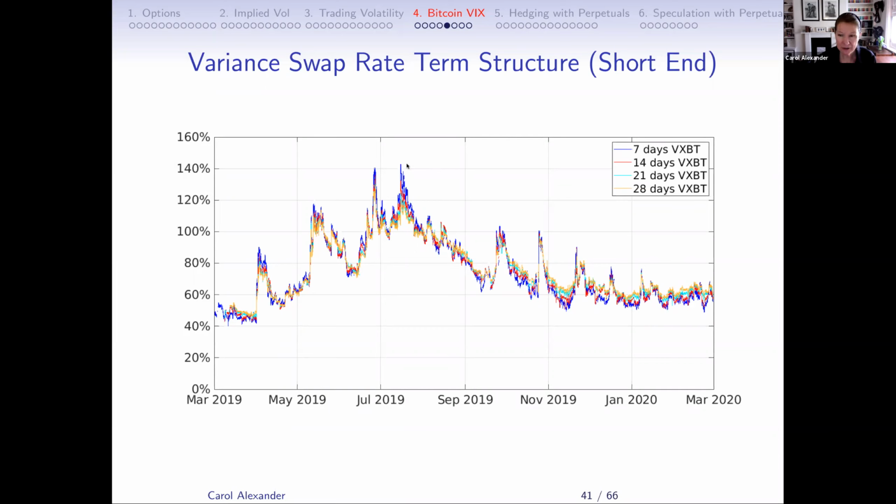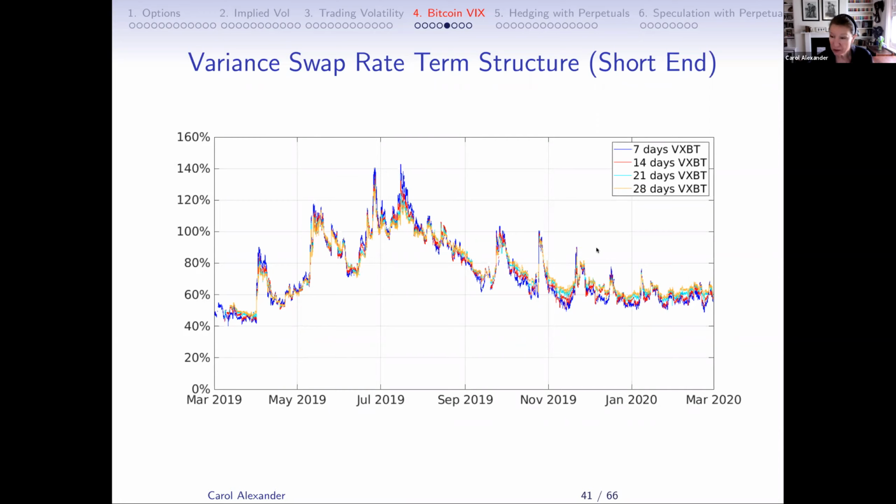Taking a slice through shows that the short term, this is a very average volatility expected over the next 7 days, using trading over the whole range of strikes available. And so that's peaked at 140% at the end of July. But it seems to be averaging around 60.